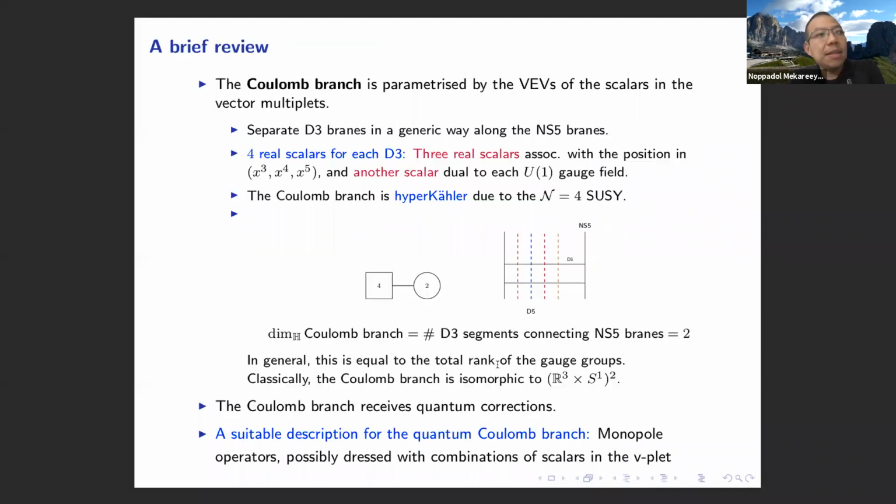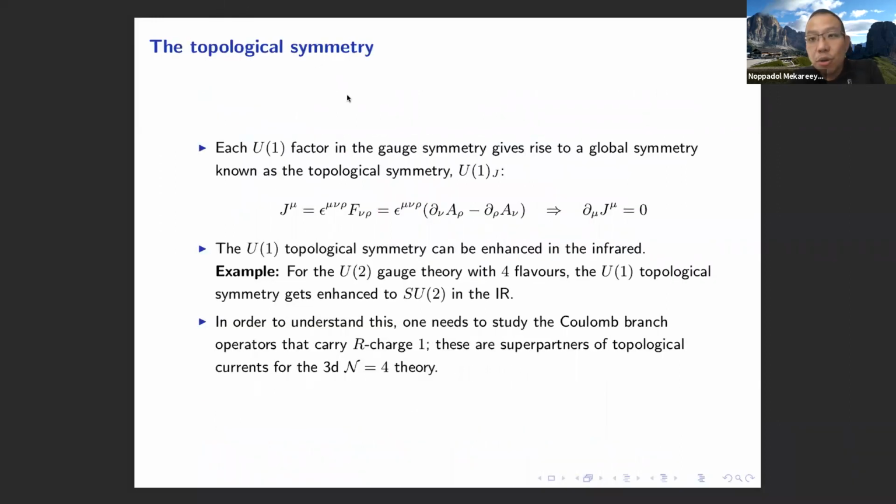I will describe this soon, but before describing the monopole operator, I would like to mention another global symmetry. This is called the topological symmetry associated with this theory. If you have a gauge symmetry which has a U1 factor, as in this example where we take U2 gauge group, there is a U1 factor inside.